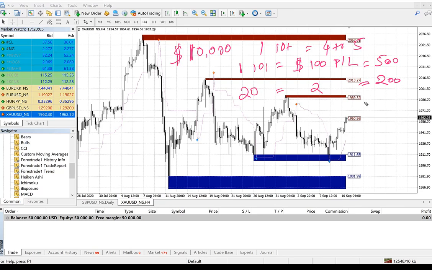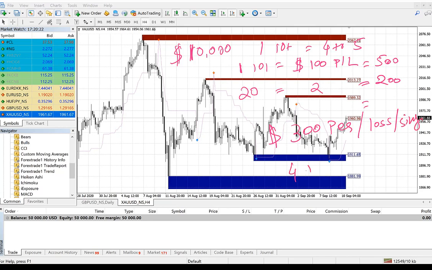So if you take the average for each signal, it would be around 300 USD loss per signal.